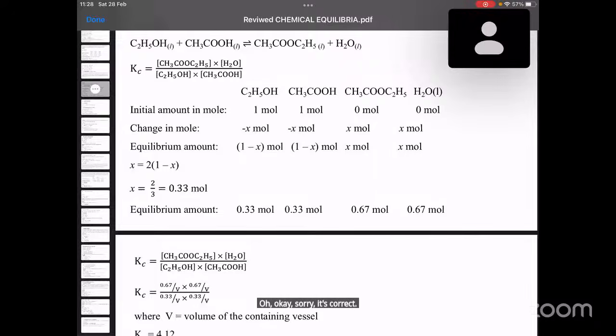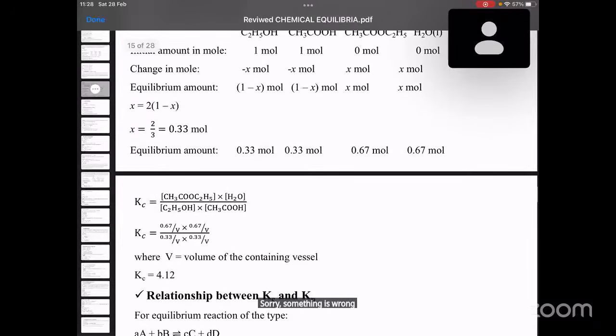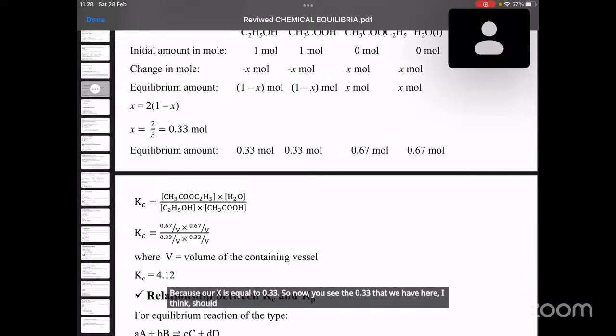It's correct, because if our X, sorry, something is wrong here. I think I made a mistake when I was doing this. Because our X is equal to 0.33. So now, you see, the 0.33 that we have here, I think should be what we have for X.